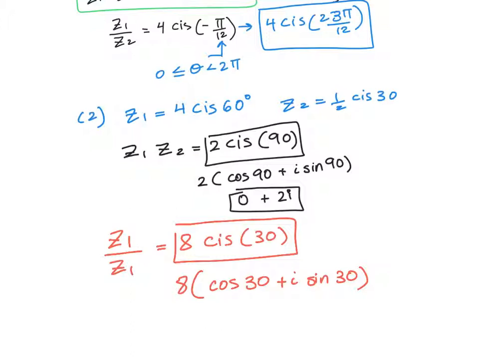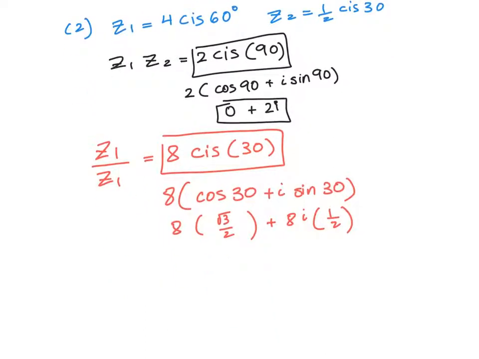So that's going to be 8 times cosine 30, which is radical 3 over 2, plus 8i times 1 over 2. So then my rectangular form is going to be 4 root 3 plus 4i. That's the rectangular form.